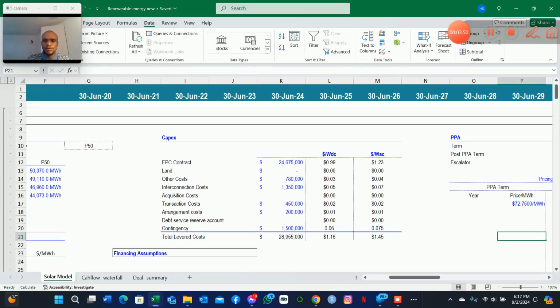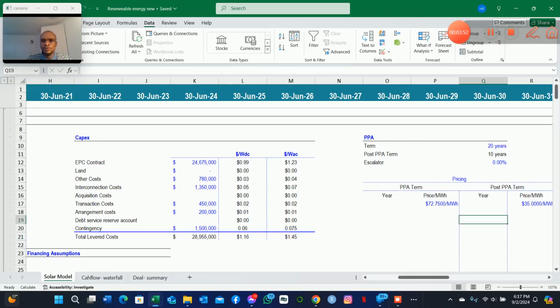And now we are ready to determine our PPA term and our PPA price. So what we're going to be doing here is estimating the price, and we will estimate the term of this agreement.